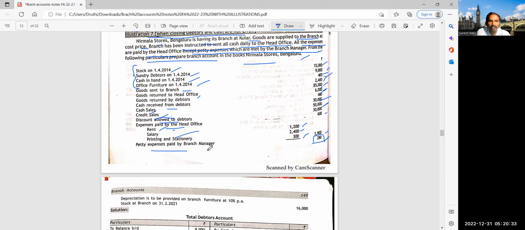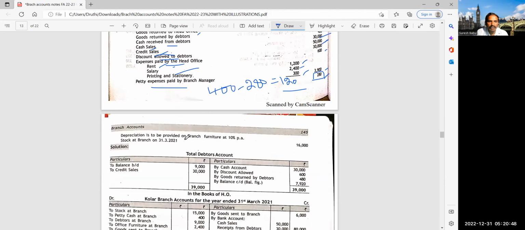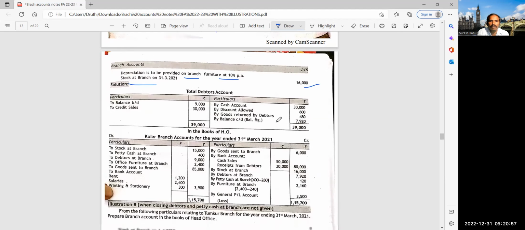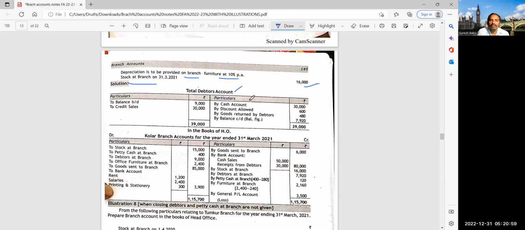Opening petty cash was 400, minus 280 spent, closing difference is 120. This is also missing; we need to calculate it. Depreciation is to be provided on branch furniture at 10% per annum, that we can do. Closing stock 16,000. Now total debtors: what is missing? Closing balance of debtors 7,920 is missing.